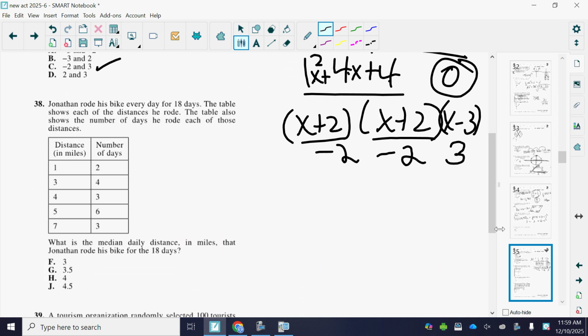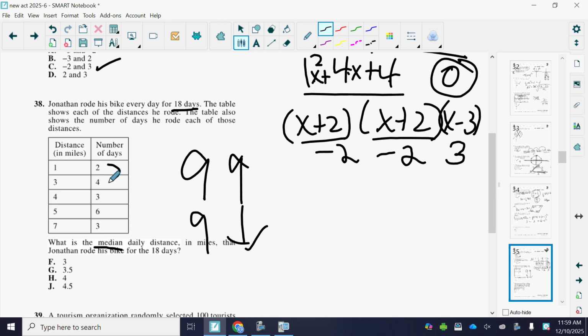I rode my bike every day for 18 days. Oh, they want the median. This is sneaky. If I ride for 18 days, that means 9 are the upside and 9 are the downside. 2 plus 4 plus 3, that means for 9 days I rode either 4, 3, or 1, and for 9 days I either rode 5 or 7.